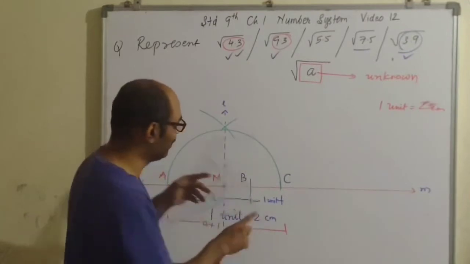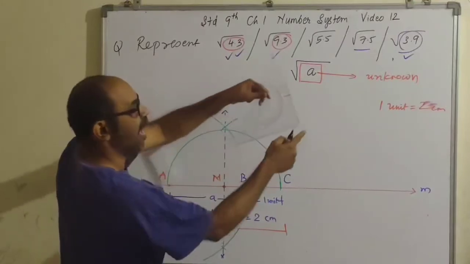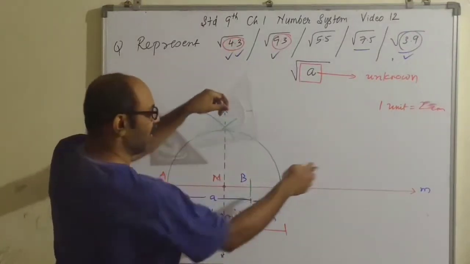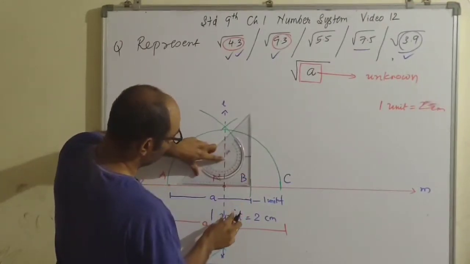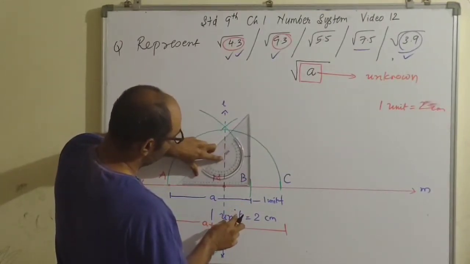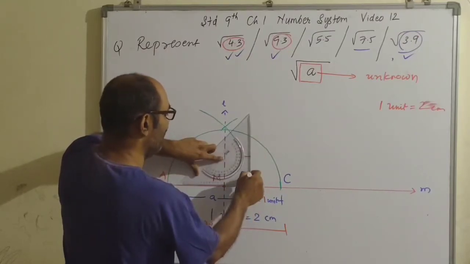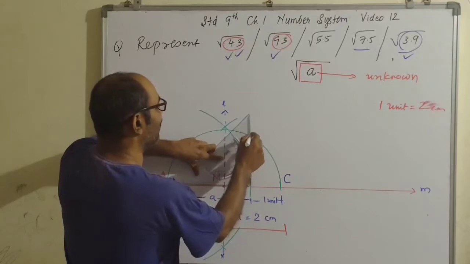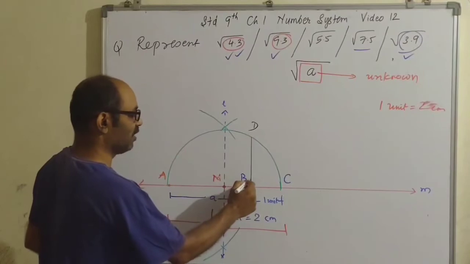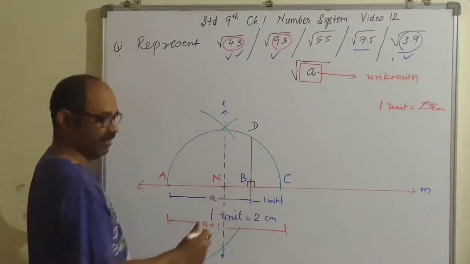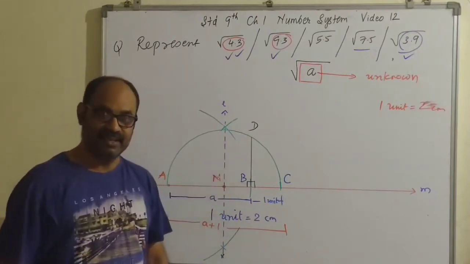I'm going to coincide this with B, and one of the perpendicular edges has to be along the line M. So here it is. Draw the perpendicular which touches the circle at point D. See, this is the right angle. Show that sign. So it touches the circle at D.